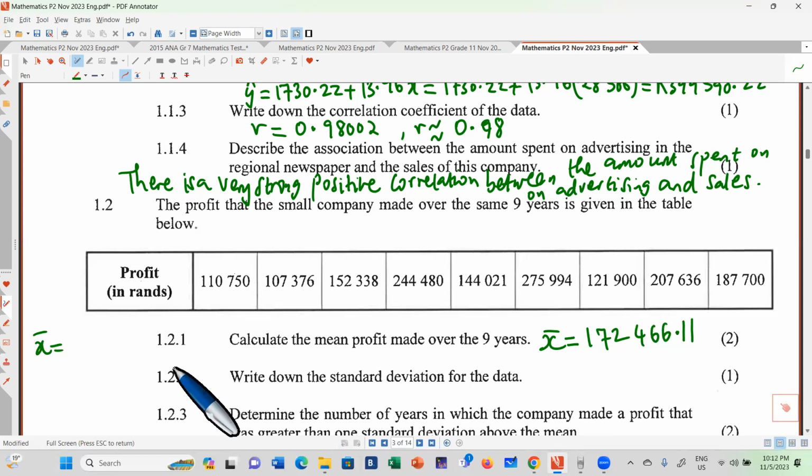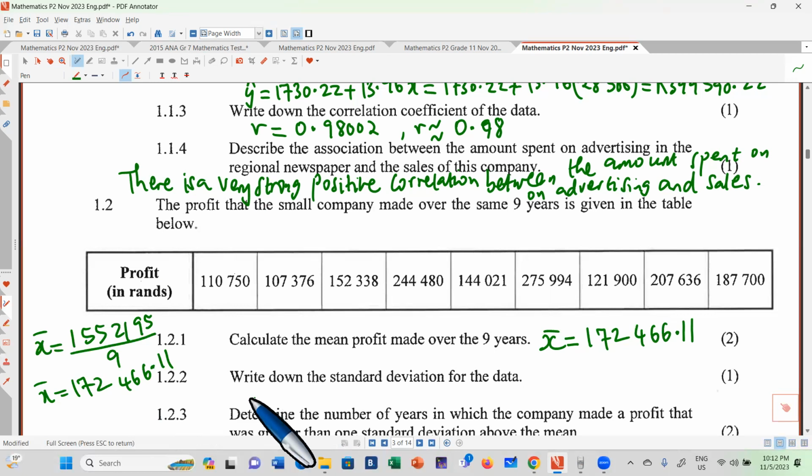If you add all those, because I've added them up, it is 1,555,195 divided by 9. And if you do this here, it is exactly 172,466.11.